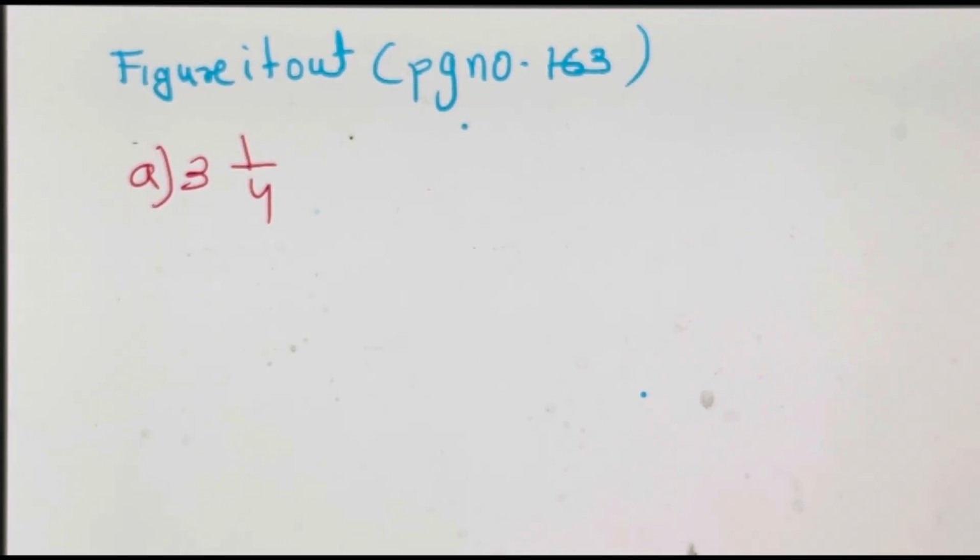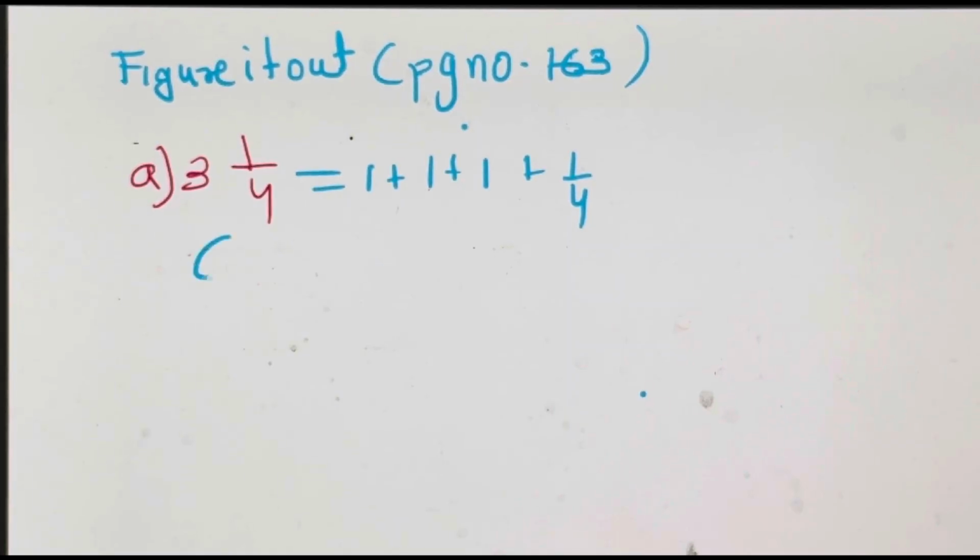Right, now this is 3 whole. 3 whole means 1 plus 1 plus 1, 3 times 1, plus 1 upon 4. Right, now we know that 1 is equal to 4 times 1 upon 4.